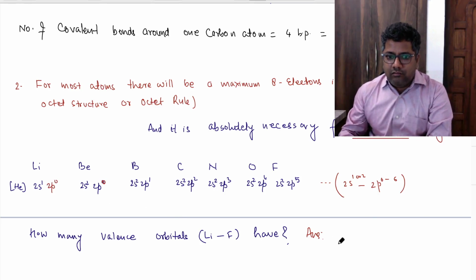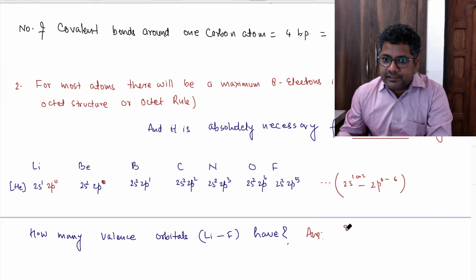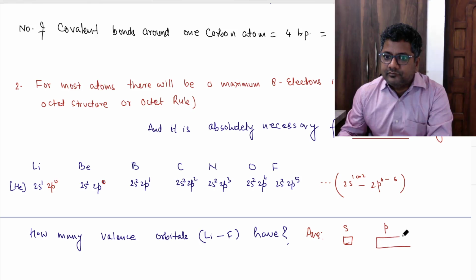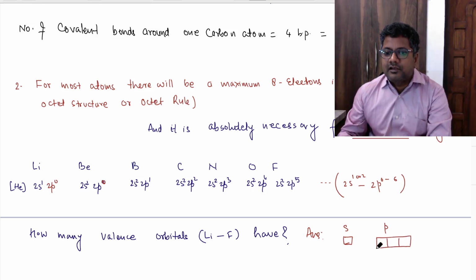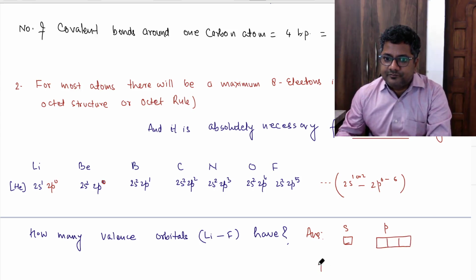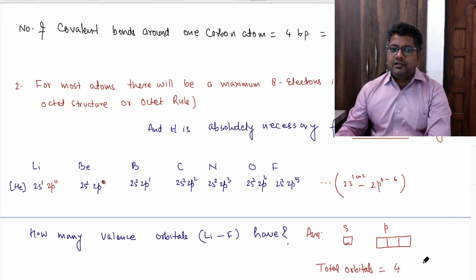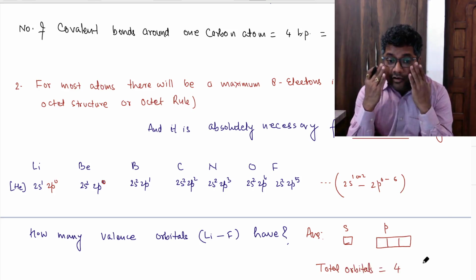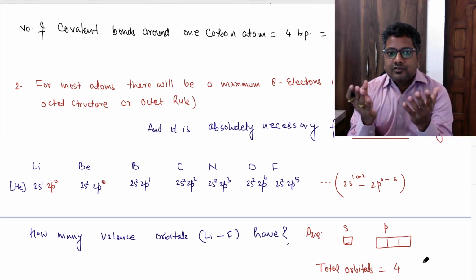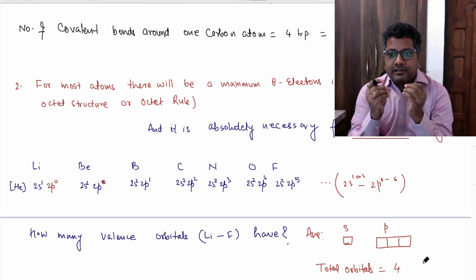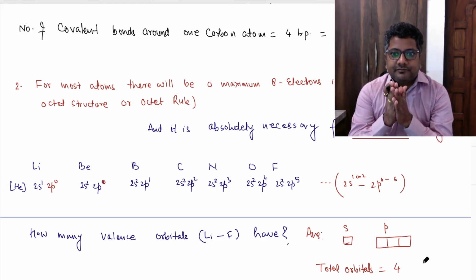So how many orbitals do they have? S subshell, how many orbitals? One orbital, and P subshell, three orbitals. So the total orbitals is equal to 4. And you know, one orbital can have how many electrons? 2 electrons.